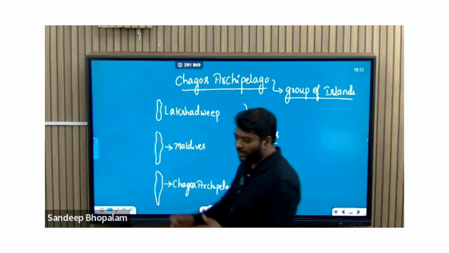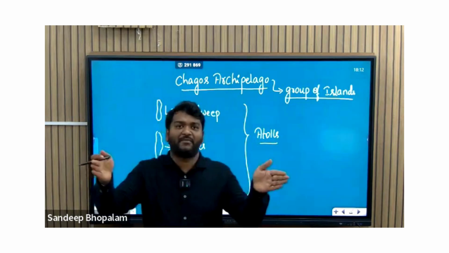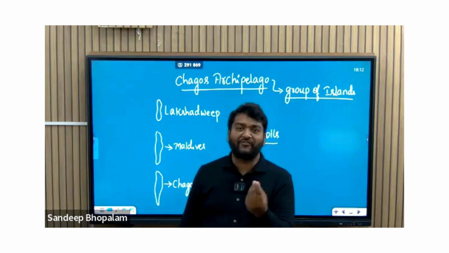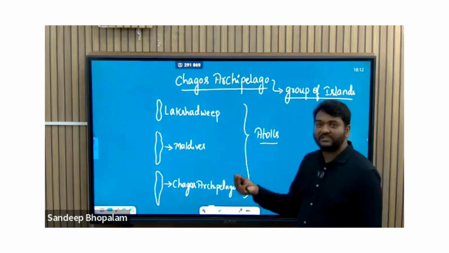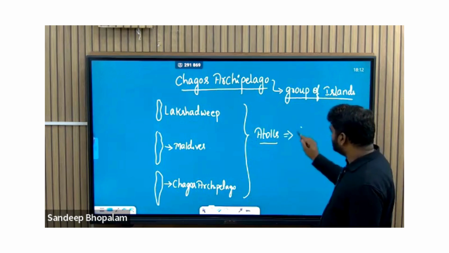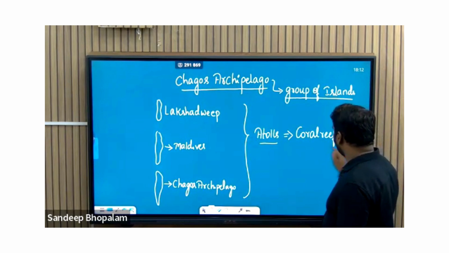Just to give two words, India got separated from Africa. When India got separated from Africa, mid-oceanic ridges, central ridges were formed. And on those ridges, coral reefs started growing.